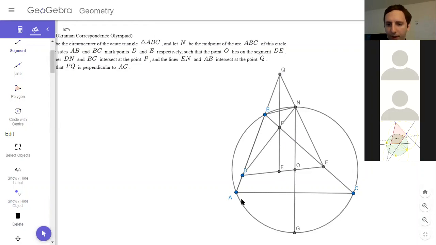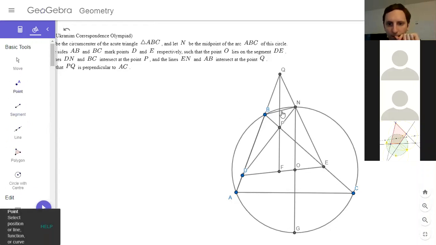And then NAGC is harmonic. So if you project onto line QF, we already know by complete quadrilaterals that if I is the intersection of BN and QP, then Q, I, P, F should be harmonic.